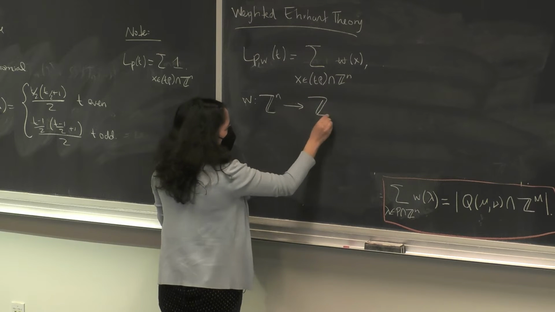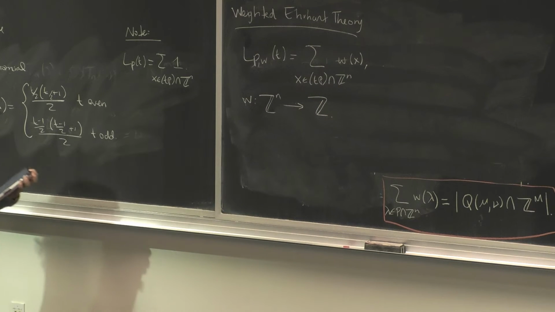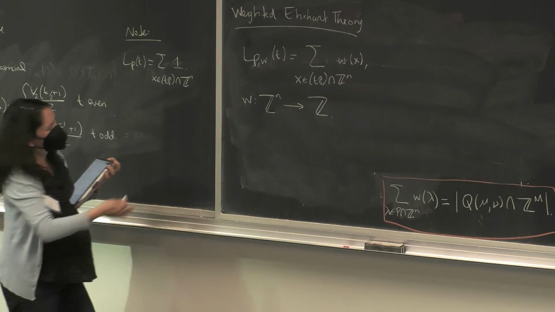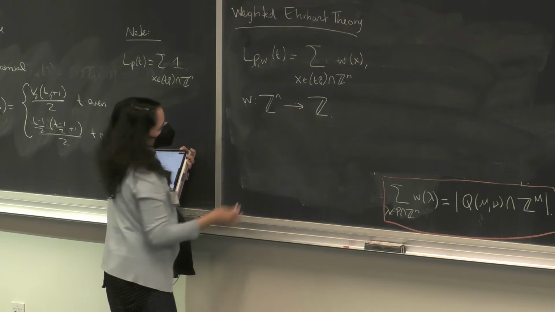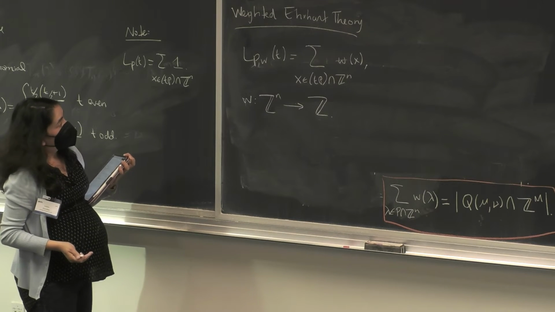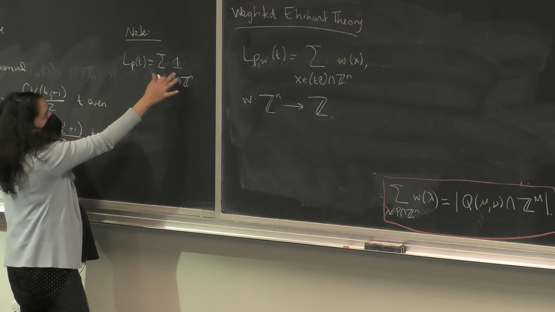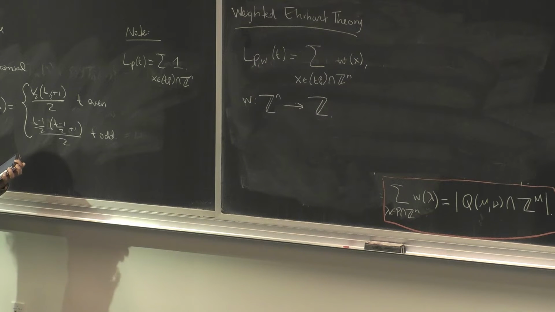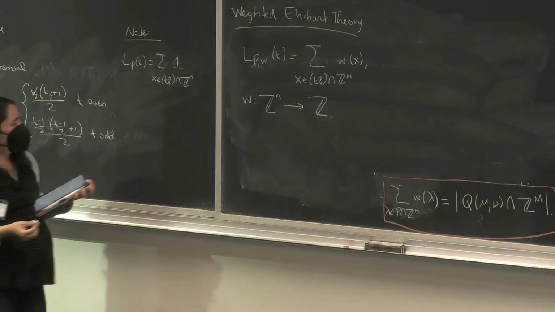I'll just put them evaluated to 0. They can evaluate to other places, but probably because of lattice theory, this is the only interesting case. So we're extending, rather than just having W be 1, we're allowing arbitrary W's. So a quick example.